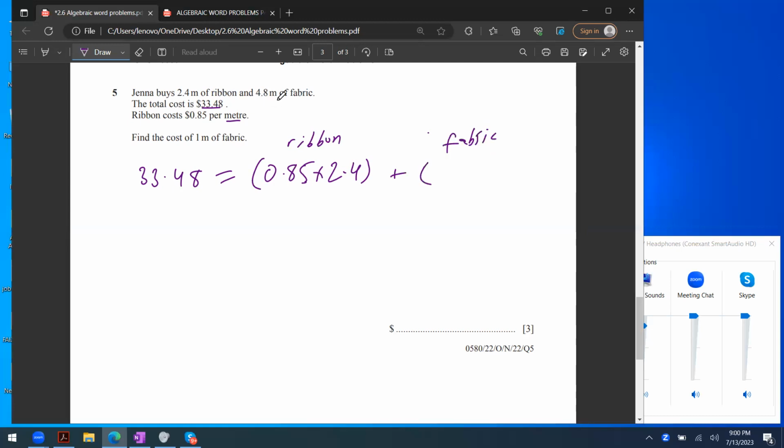It's 4.8 meters, but we don't know how much 1 meter of the fabric costs. So let's assume it is x times 4.8. All right. Again, we have one equation, one variable, no problem. 33.48 equals 2.04 plus 4.8x.